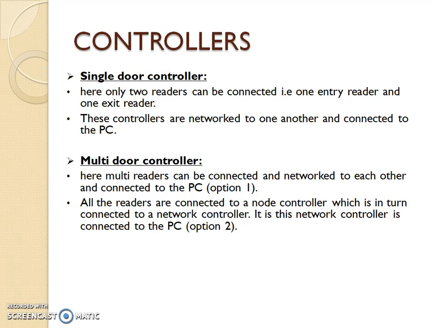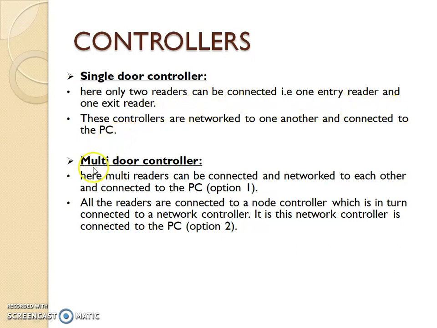Next we go to controllers. The controllers are the important devices which are going to be connected to the locks and security system and which are pre-programmed. There are single door controllers and multi-door controllers. If you look at the purpose, single door controllers are used primarily for one reader and one exit reader.